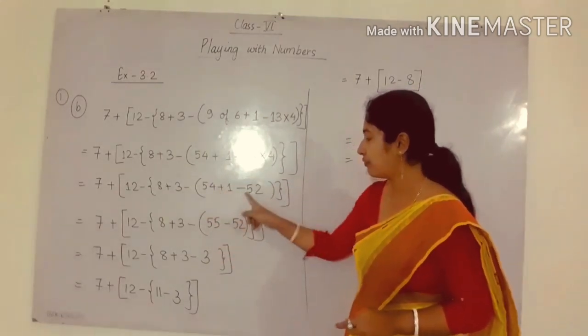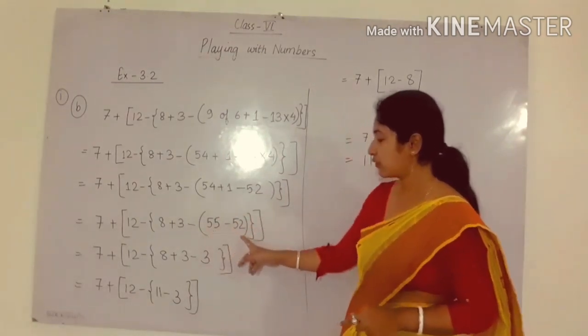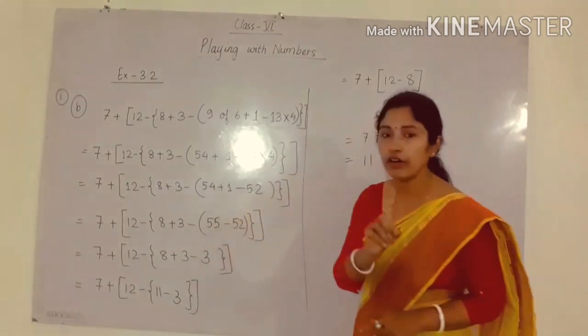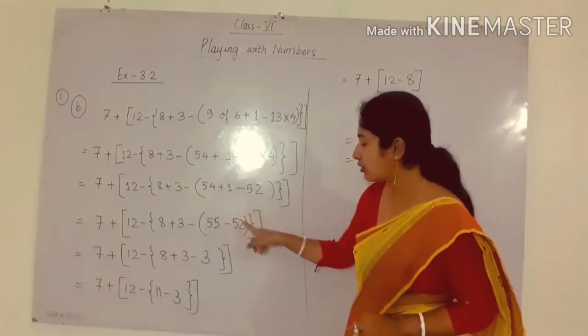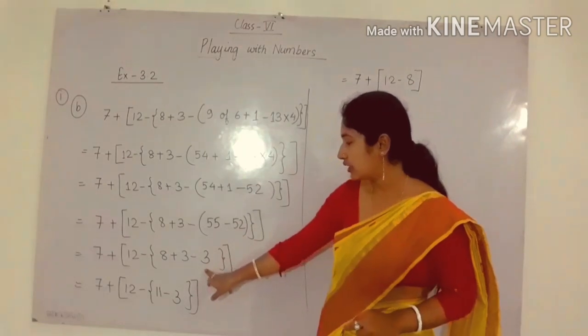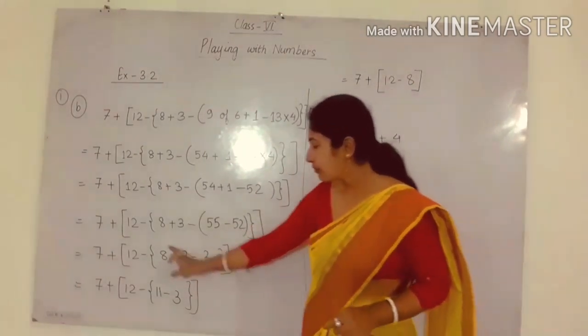So this is 55 minus 52. Now you have to solve this bracket. 55 minus 52 will be 3. So finally we got only one value, and now you have to eliminate that bracket. No need to write the round bracket; it will go. Now you have to write only 3. Outside it is minus, so you have to write minus.